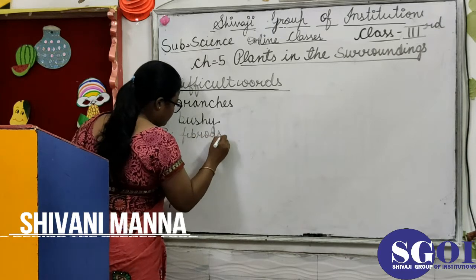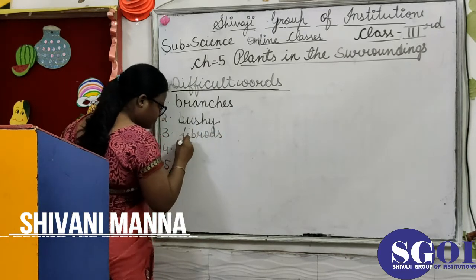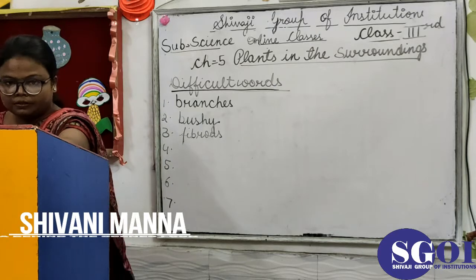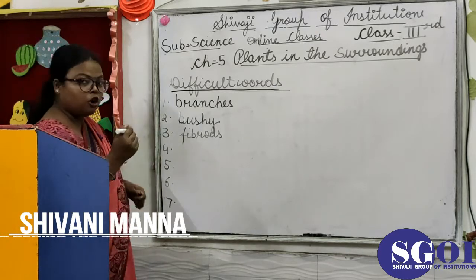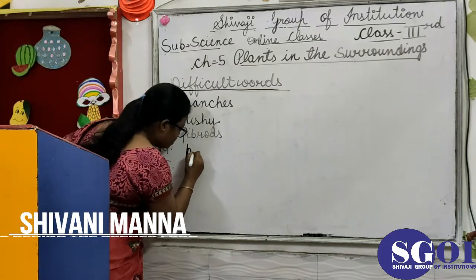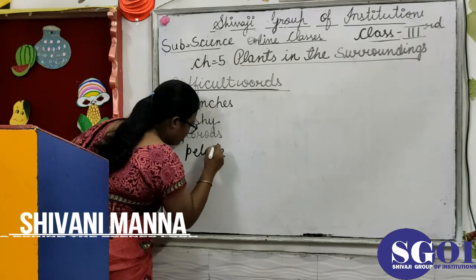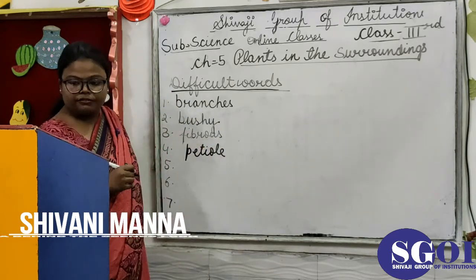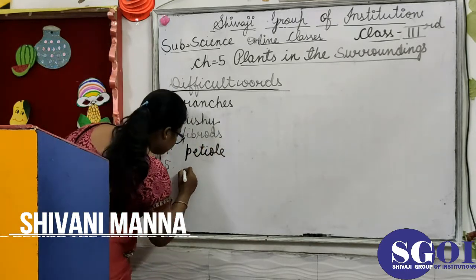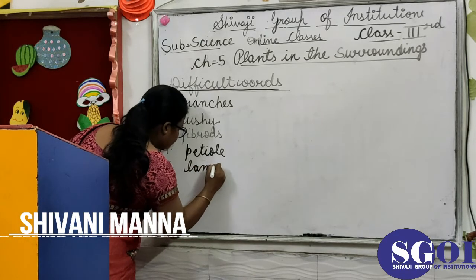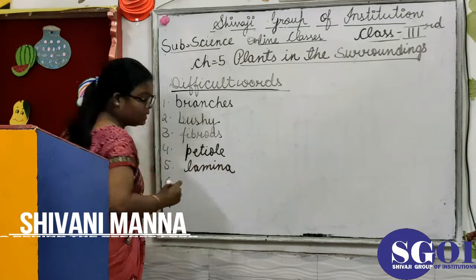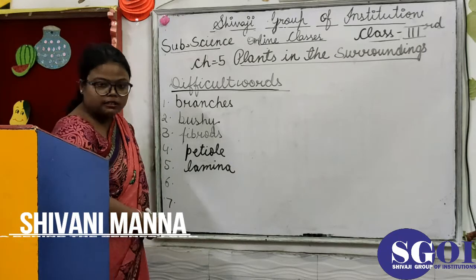Fourth, petiole. Fifth, lamina. Sixth, midrib.